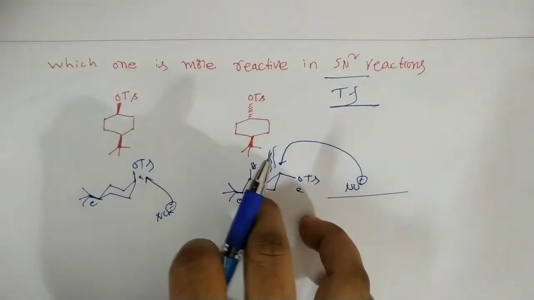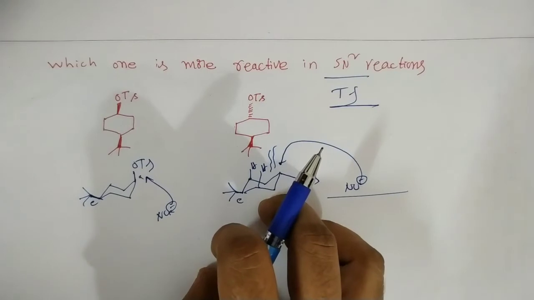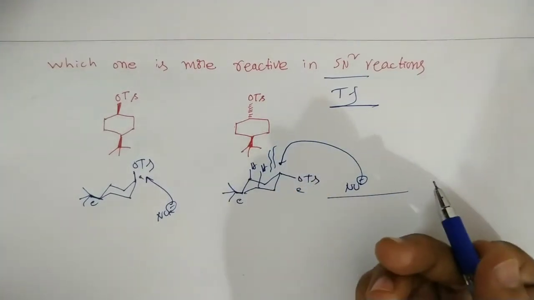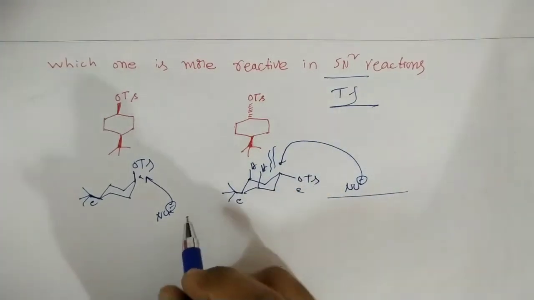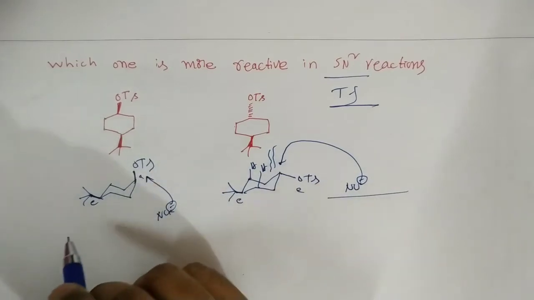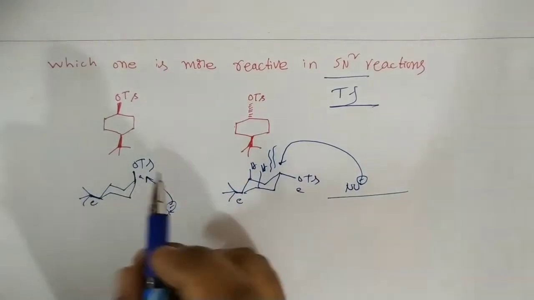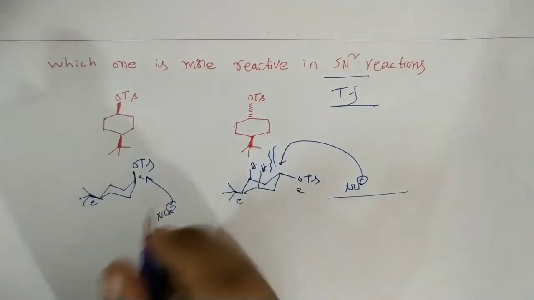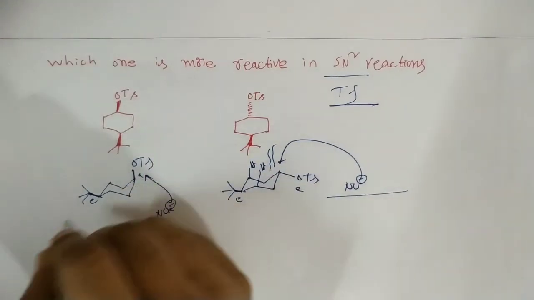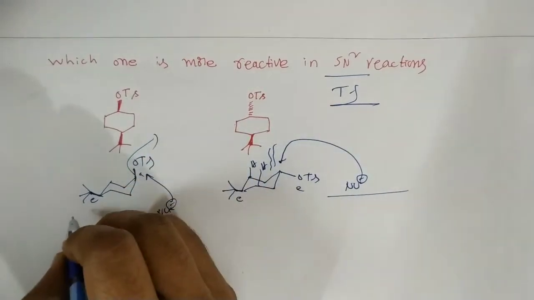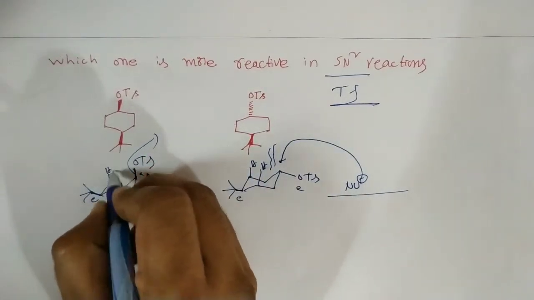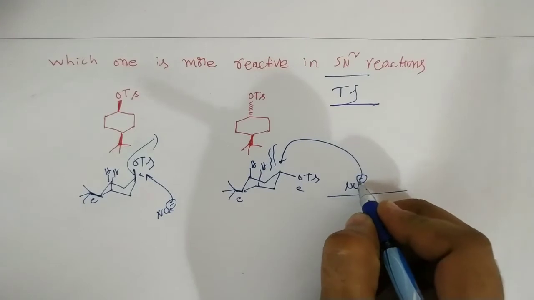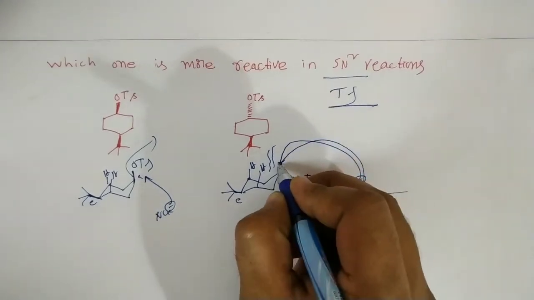So that's why this compound does not favor the SN2 reaction fast. But whenever this group is in the axial position, this one favors SN2 type attack, because by the attack of the nucleophile, the leaving of this OTs takes place. So there are very few repulsions, but the nucleophile is coming in to form a bond.